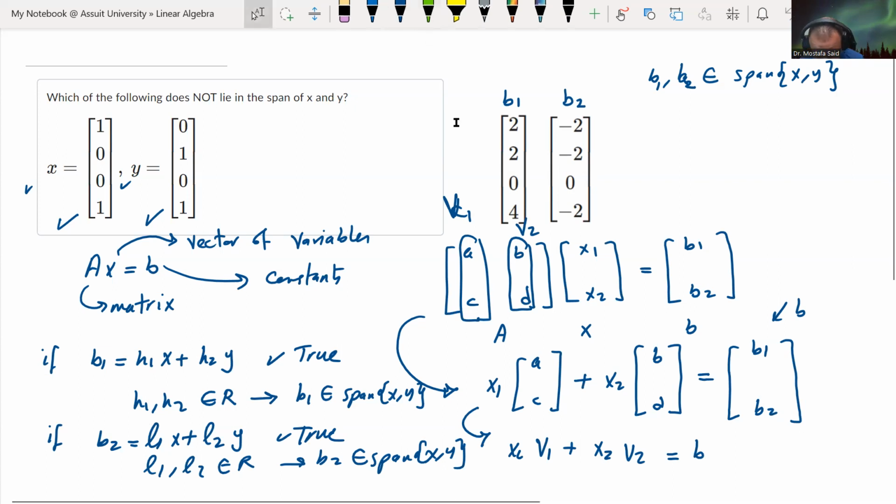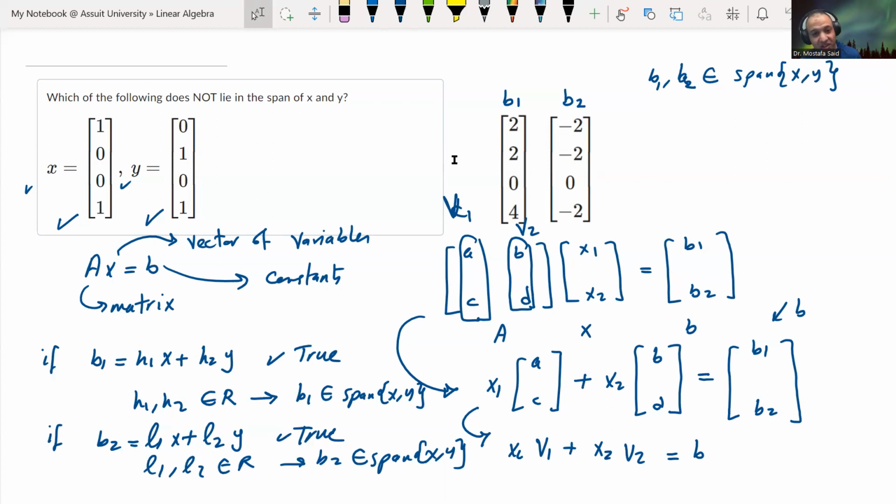Okay, so let's try both. But before that, I'm gonna explain a little bit the idea behind how to solve this. Okay, so finding out if B1 and B2 belong to the subspace of X and Y, at the end of the day, is like Gaussian elimination.